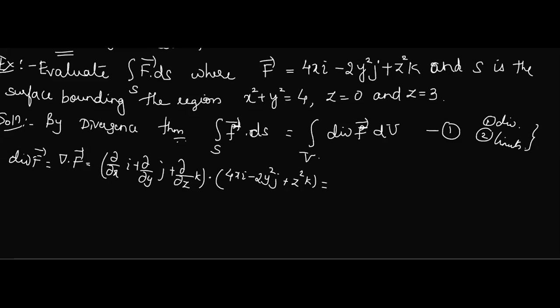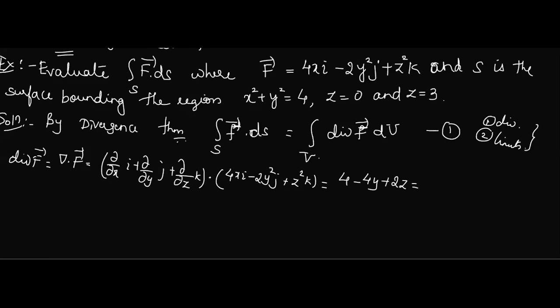What is the derivative of 4x with respect to x? 4, since i dot i is 1. Dou by dou y operating on minus 2y square means minus 4y.